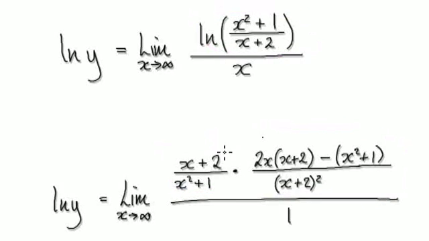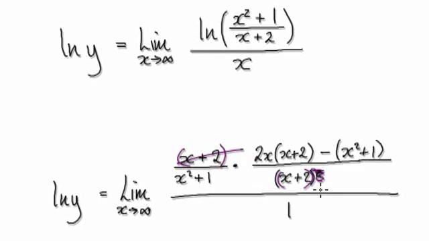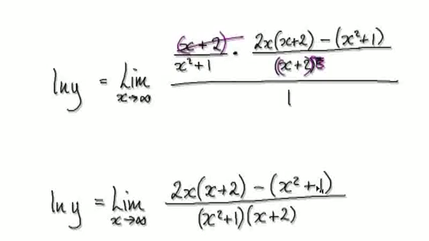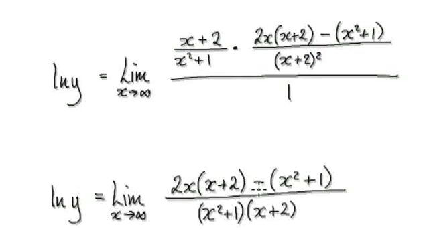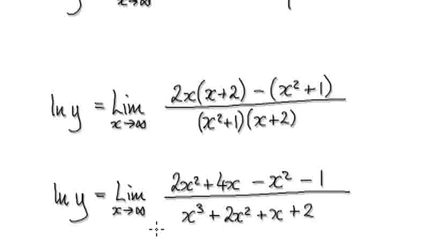So now it's just a matter of tidying up. So here, this is exactly the same as this. So this will cancel out, and this will cancel out with this thing here, and then that will give you this. That will then give you this, and then tidy up, and then that will give you this.